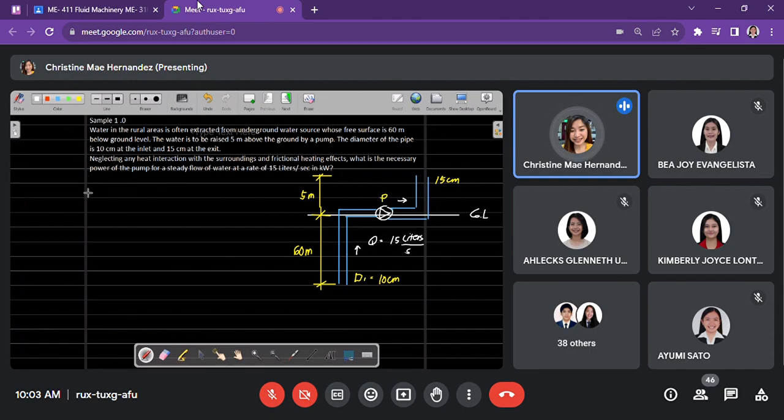So, maglalagay na tayo ng mga given values. So, meron tayong H at the suction is equal to 60 meters or yun yung ating H1. So, ngayon, ang ating H at the discharge is equal to 5 meters.